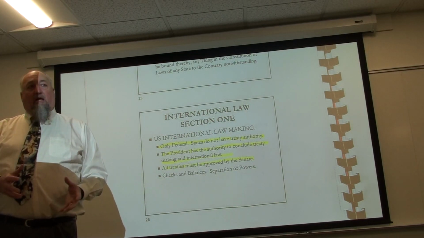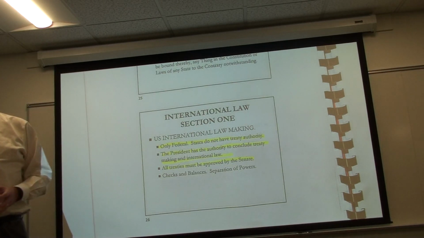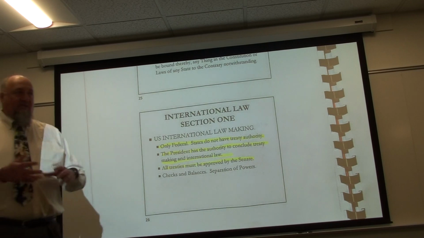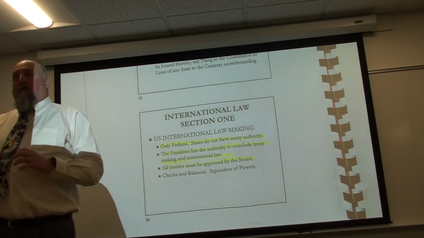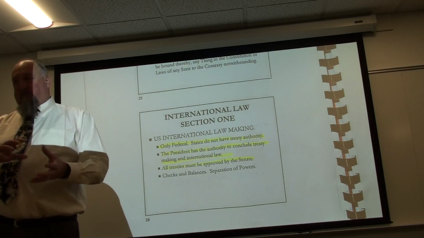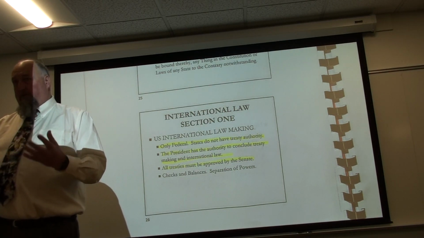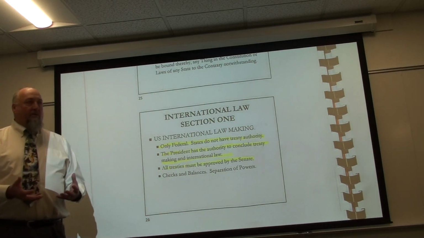A state cannot enter into a treaty or other type of international law. So when I talk about a state domestically, the state of Oregon or California or whatever, the states do not have, under the US Constitution, the ability to enter into international law. Only the federal government may do so.